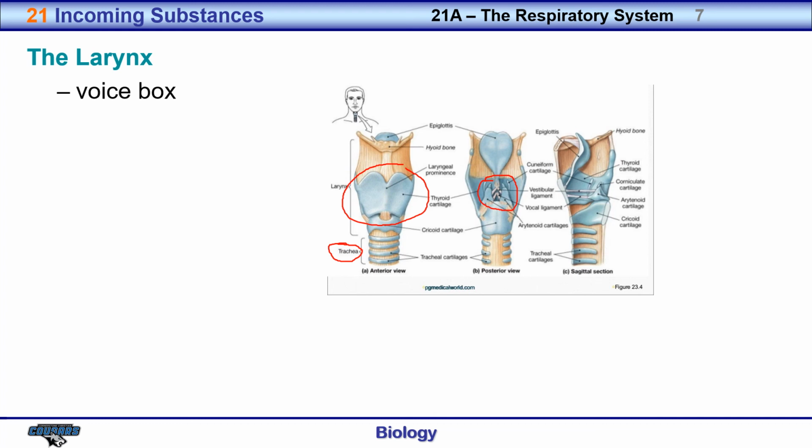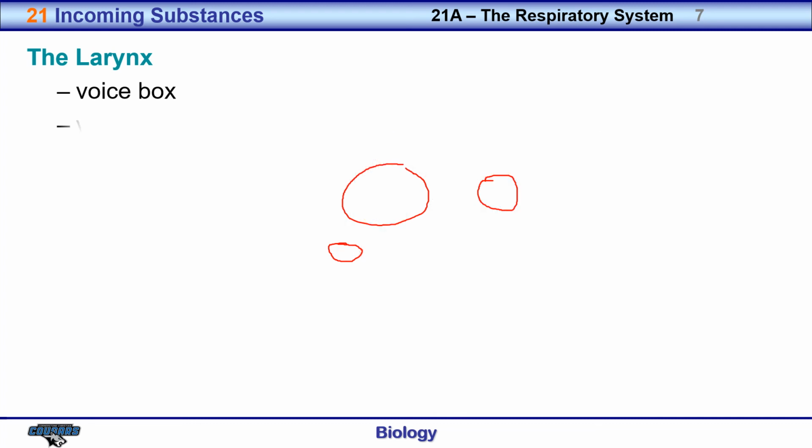And you produce sound as you allow air to be expelled from your lungs over these vocal cords, and it causes them to vibrate. If you remember from physical science that everything that vibrates can produce a sound, or for every sound there is a vibration.